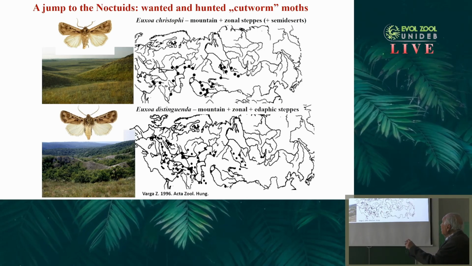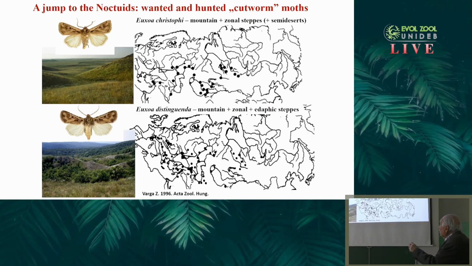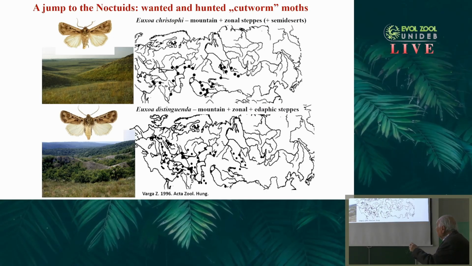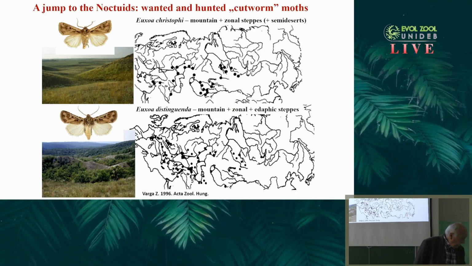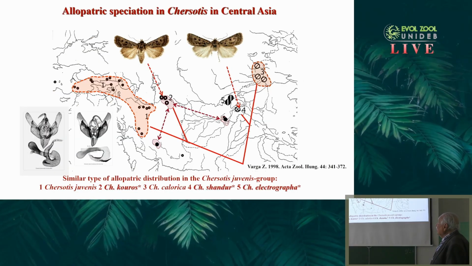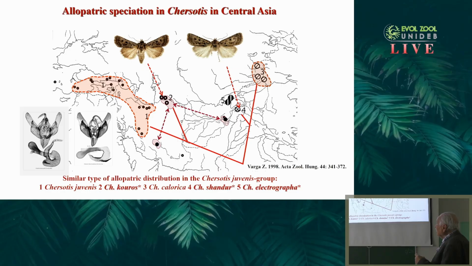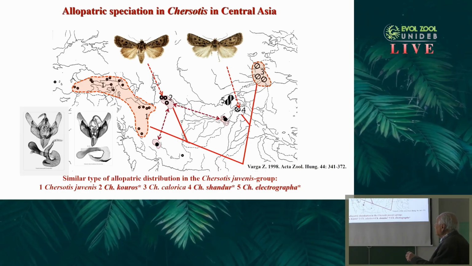The first step is the mostly exact mapping of the range. And the next step, making a phylogenetic hypothesis based on the range.